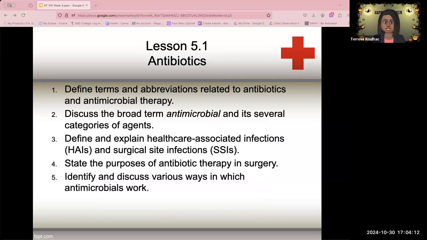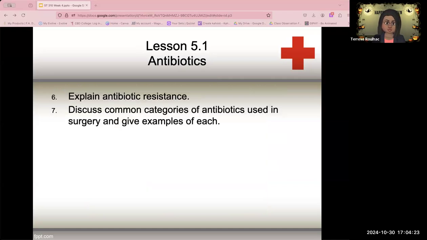We have to look at the purpose of antibiotic therapy in surgery and identify how antimicrobials work. We still have to talk about resistance. Antibiotic resistance occurs when bacteria develop the ability to resist the effects of antibiotics. And then we have to finish up looking at common categories of antibiotics that we use in surgery.